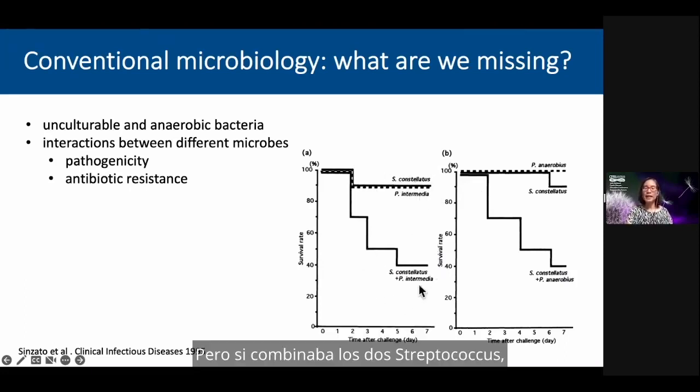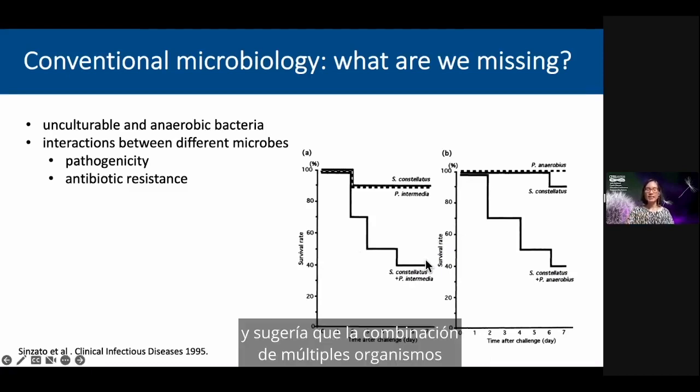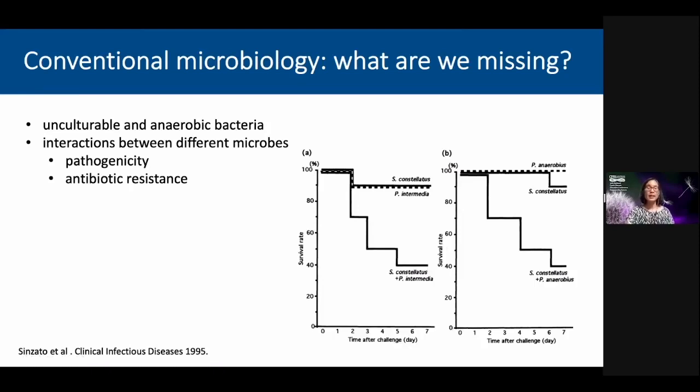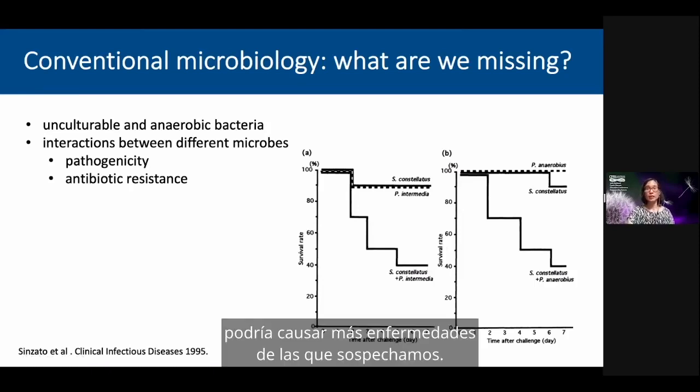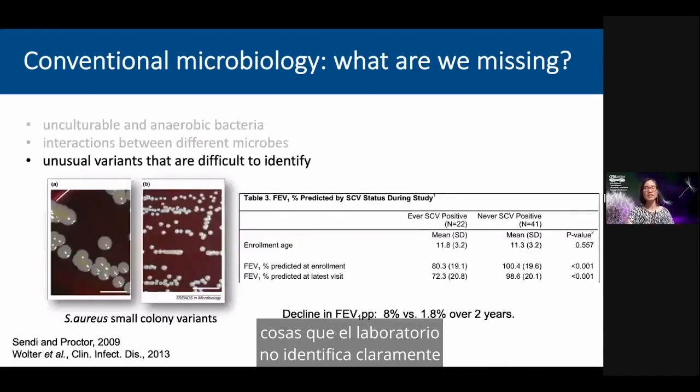But if you combined the two, then the mice were not nearly as happy, suggesting that the combination of multiple organisms might cause more disease than we suspect. And some of these organisms may be what are found, quote unquote, in the normal flora, so things that the lab is not clearly identifying as a pathogen.